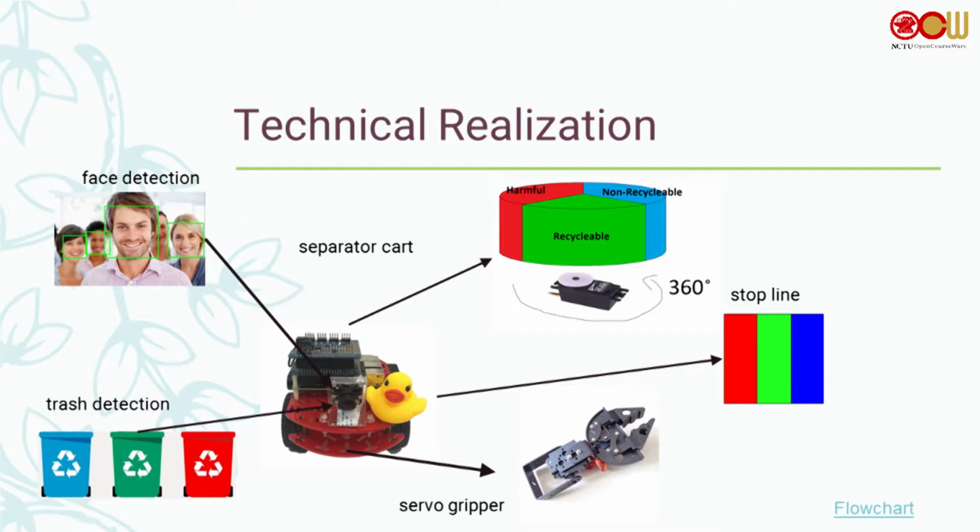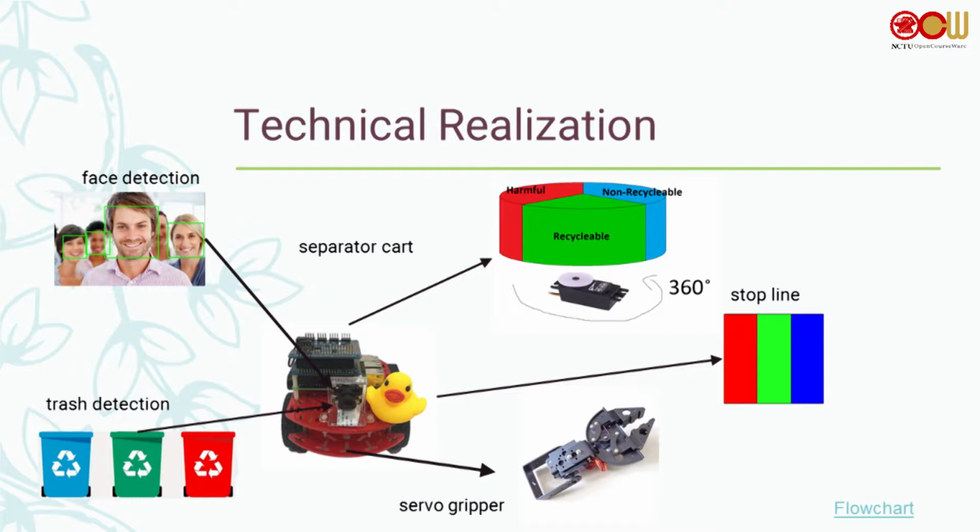So here's the thing. Whenever the DuckyBot detects the trash, whether it's green, blue, or red, we have the servo gripper, our modified one. It will grab the trash, pick it up, and put it on the DuckyBot's cart.